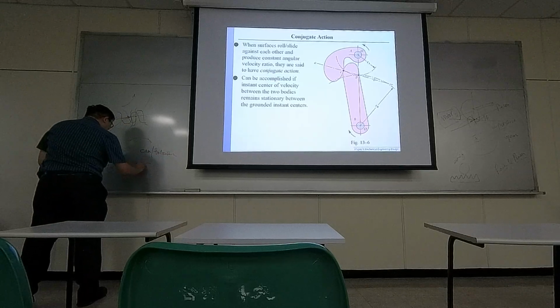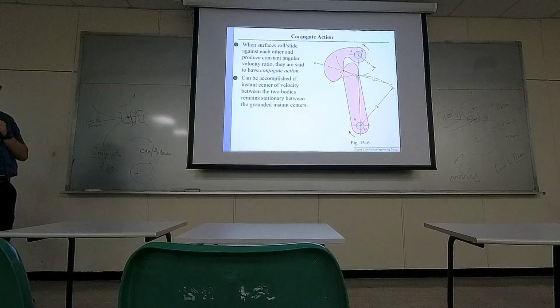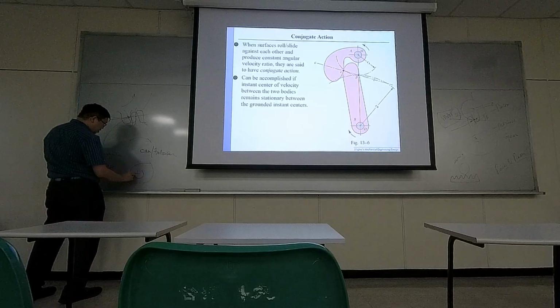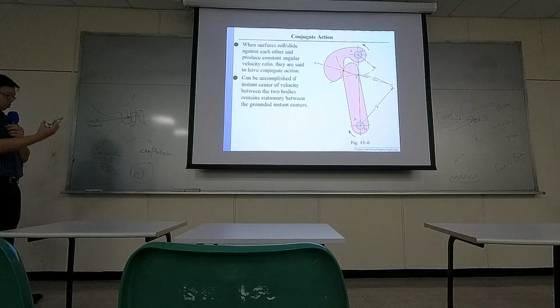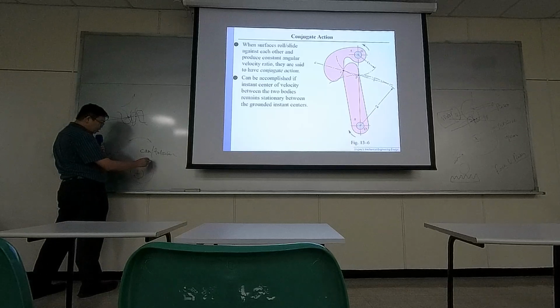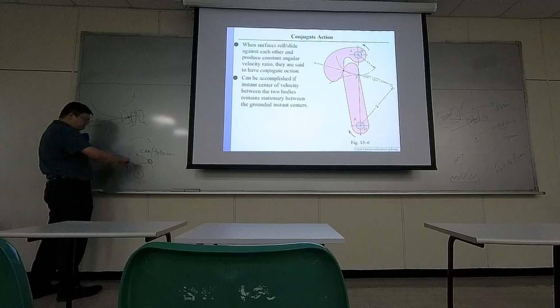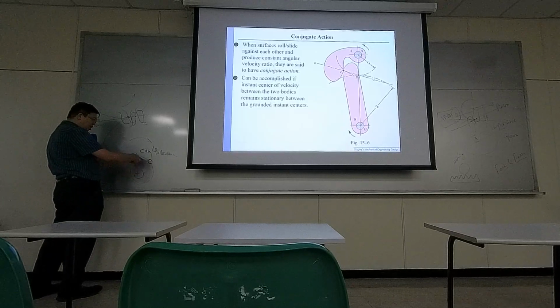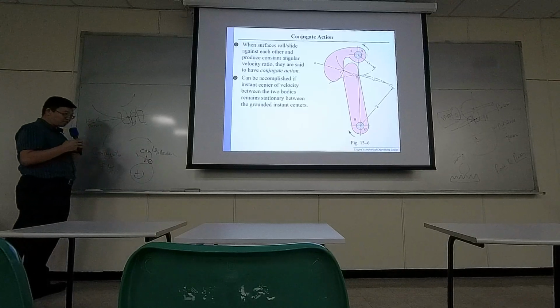Cam is a shape that is not a circle, but rotates about some kind of shaft, some kind of rotational center. And because of the weird shape outside, you have a follower. Sometimes it's a roller. So by having a cam and a follower, when you rotate the cam, this follower basically moves up and down.